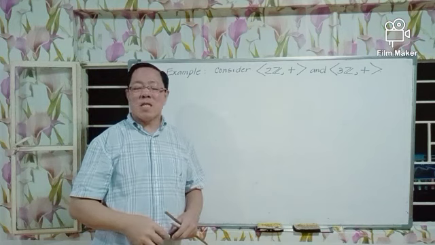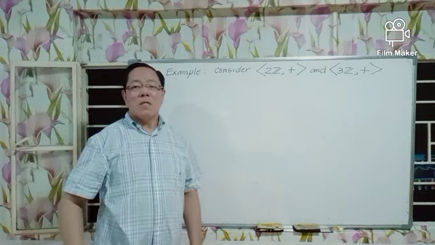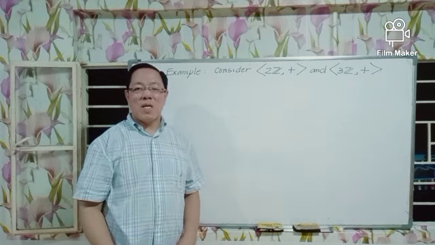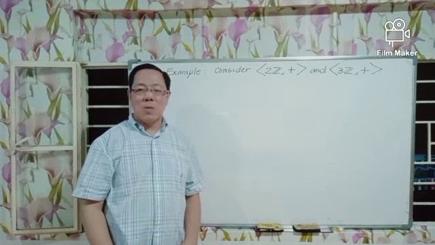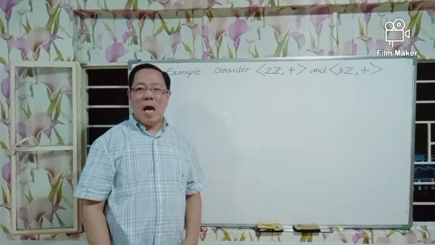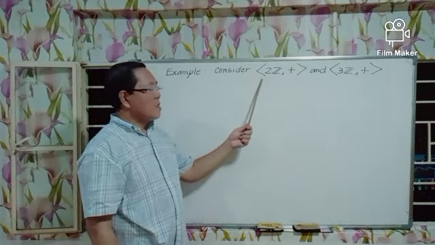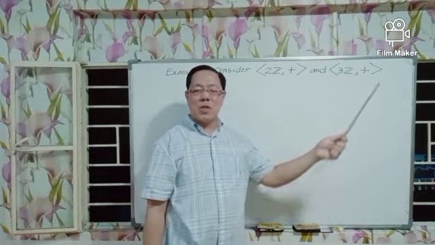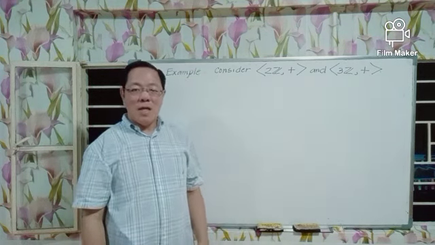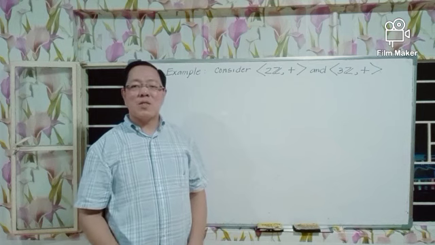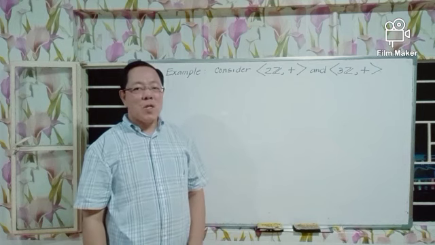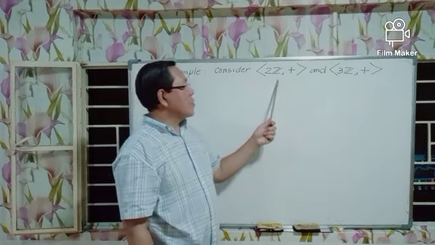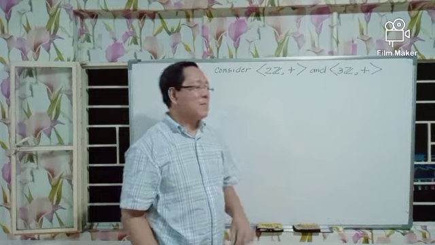We have just shown that in general the set nZ, the set of integers that are multiples of n or exactly divisible by n, under addition is a subgroup of the set of integers Z under addition. So consider the subgroup 2Z under addition and the subgroup 3Z under addition of the set of integers Z under addition. Suppose we take the union of these two subsets 2Z and 3Z.